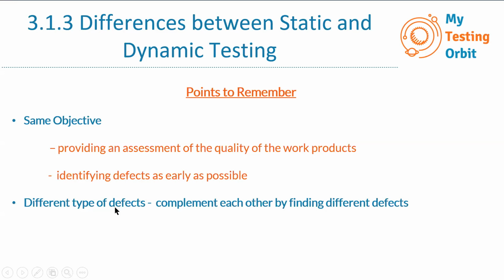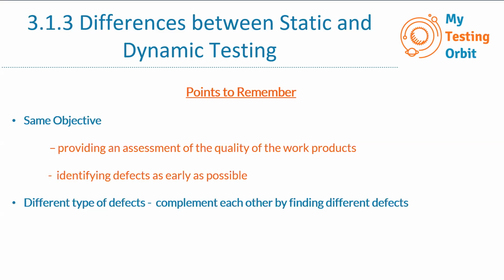Different types of defects complement each other by finding different defects. So the types of defects we find in static testing and during dynamic testing are different, but they complement each other. Because if we find a few defects in static testing, then it helps us to focus only on the other areas during dynamic testing.